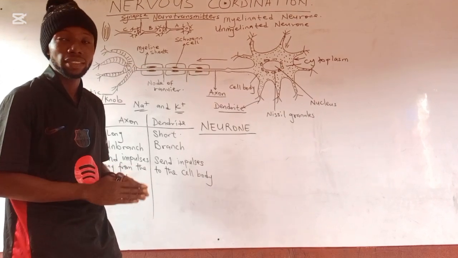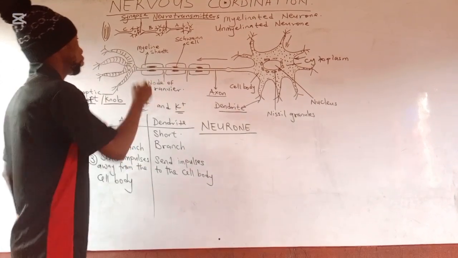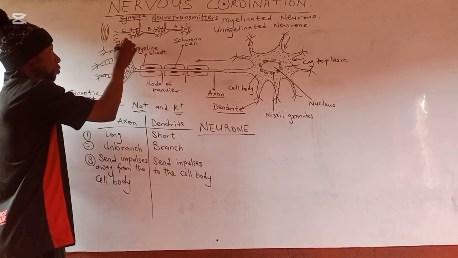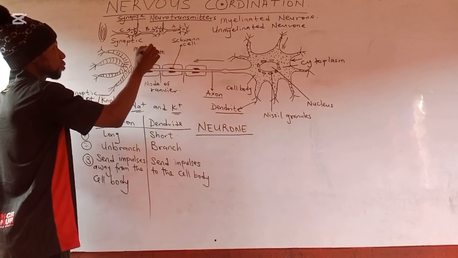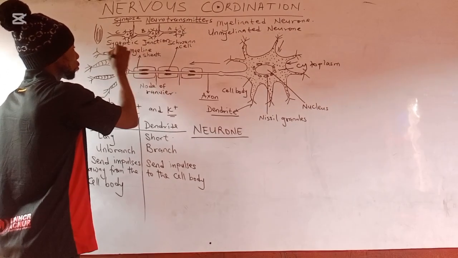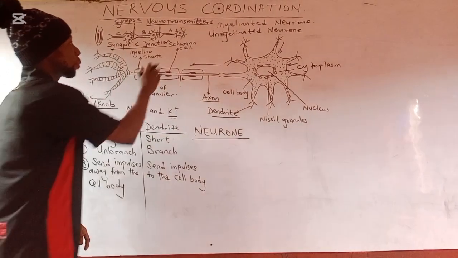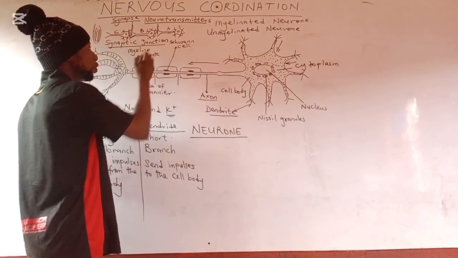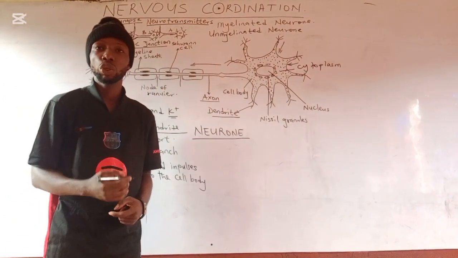Okay, you can call it synaptic junction. You can call that potential space between a neuron and the next neuron synaptic junction.